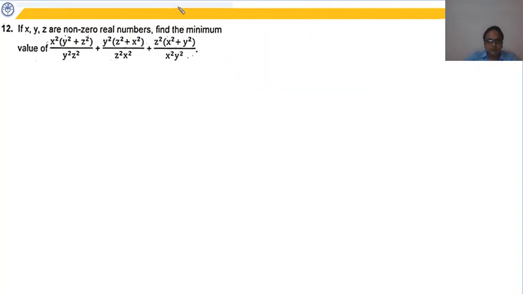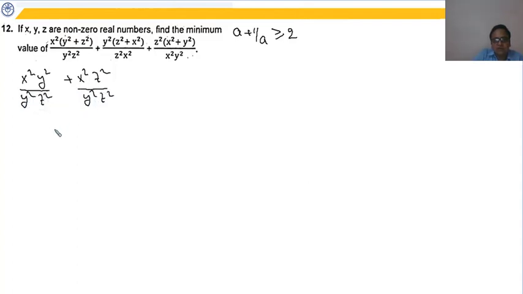Now, let's simplify this expression. What we derive from the previous slide is that any number plus its reciprocal, if it is a positive non-zero real number, has a value either 2 or greater than 2. You just simplify this part. It says (x square y square plus x square z square) upon y square z square. So from the first term we get two terms: one is x square upon z square, the other is x square upon y square.